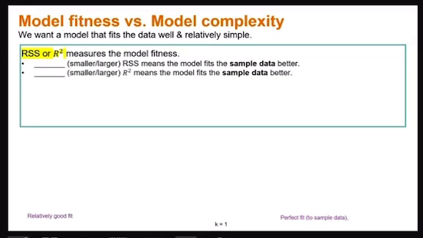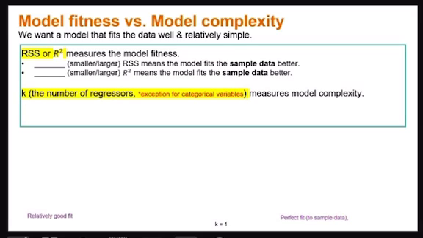I ask a question here. Does a smaller RSS mean the model fits the sample data better? Don't forget, RSS means unexplained variation. And a larger R squared means the model fits the sample data better. Does that make sense? Now, k is the number of regressors.